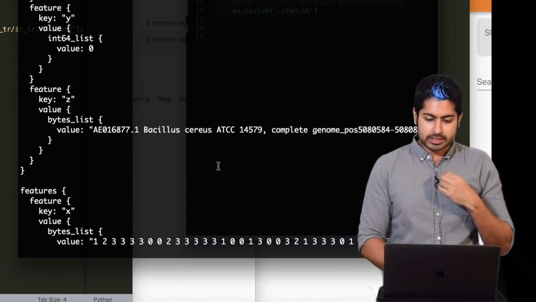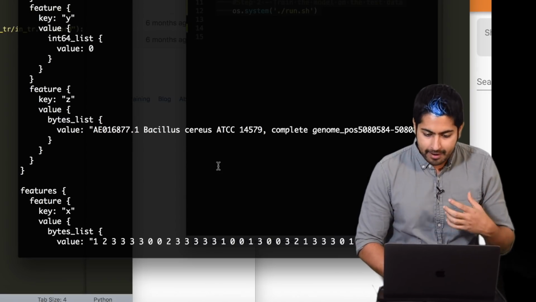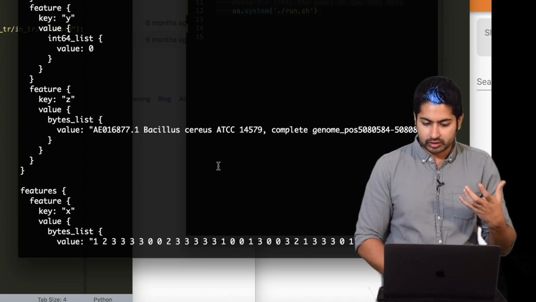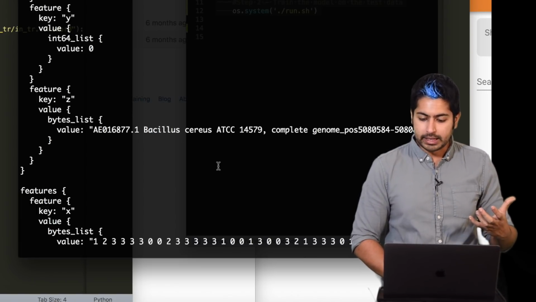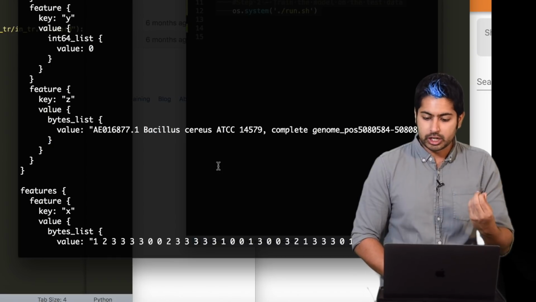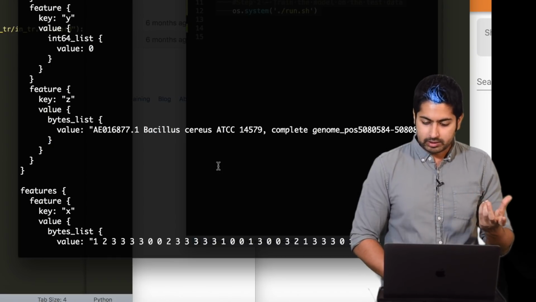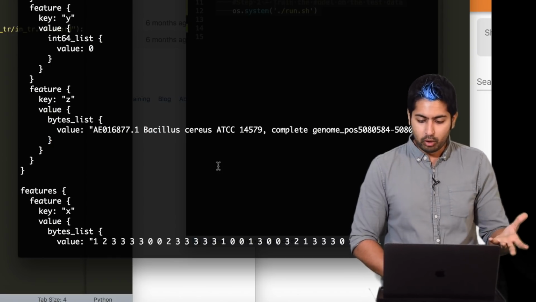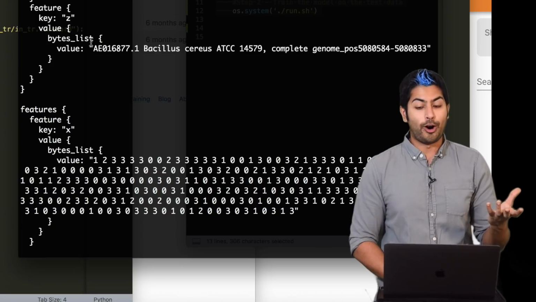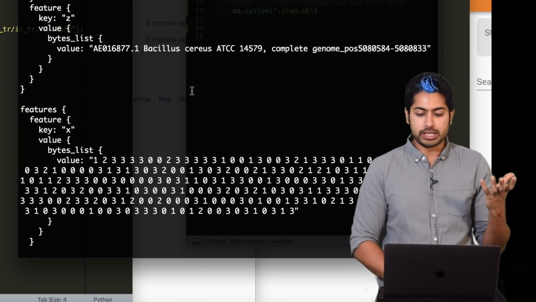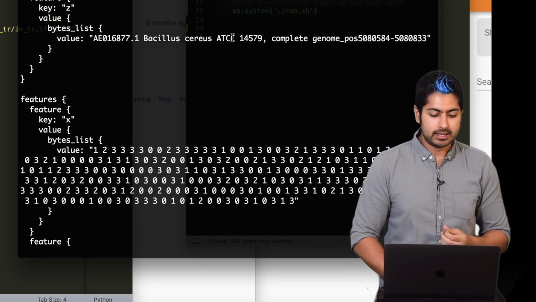It's basically stored in this key value format, and we have the value, which is the name. So this is a label, like the type of bacteria we have, and then we have a link to its genome right here. So that's basically it. We have the bacteria, the label, Staphylococcus aureus aureus. Man, these names are hard to pronounce. And then the actual complete genome of that data point.